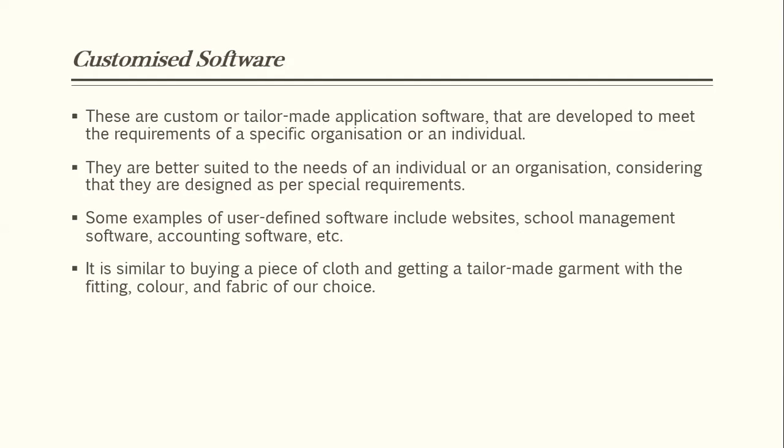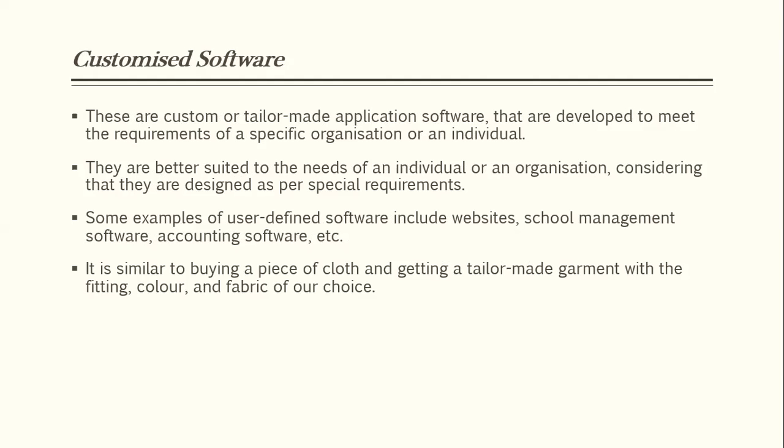They are better suited to the needs of an individual or an organization, considering that they are designed as per specific requirements. Some examples of user-defined software include websites, school management software, accounting software, etc. It is similar to buying a piece of cloth and getting a tailor-made garment with the color and fabric of our choice.